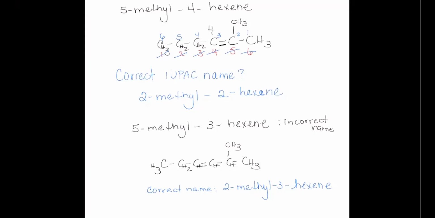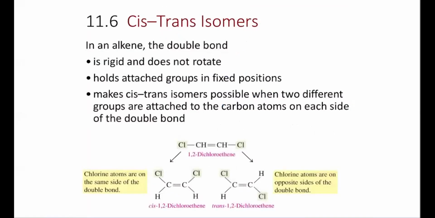Excellent. So there's one more concept that we need to explore when it comes to alkenes, and that is the concept of cis and trans isomers. One of the things is that whenever we have an alkene, we know that that carbon-carbon double bond cannot rotate.